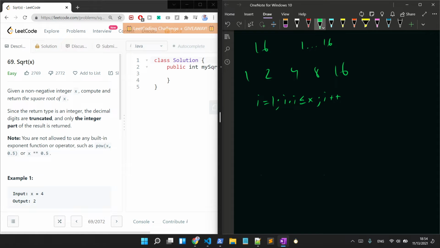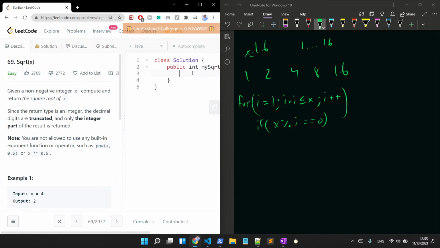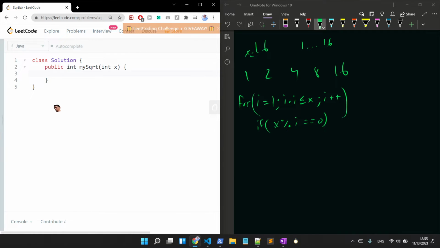So anyways, what do you actually do in the loop? First you check: is the current value i, the current potential factor, an actual factor? You do that by checking if x mod i equals 0. And why don't I actually just write this in the editor?